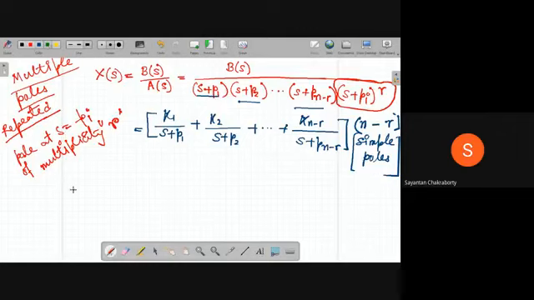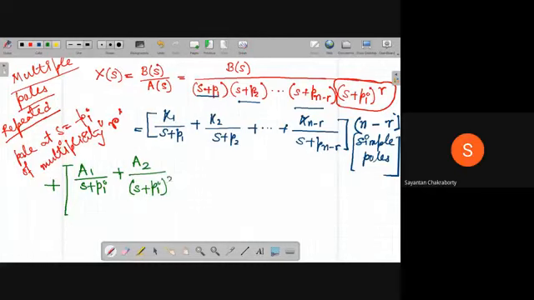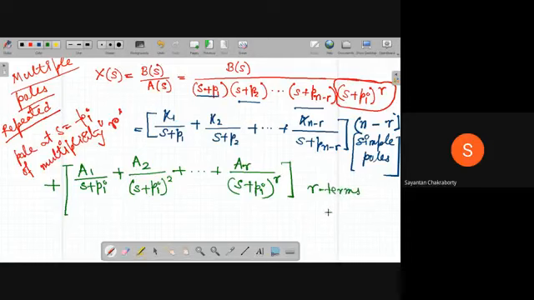The next part will be plus a1 over s plus pi plus a2 over s plus pi square, and so on, and ultimately you get ar over s plus pi to the power r, and that is r terms of repeated poles at s equal to minus pi.